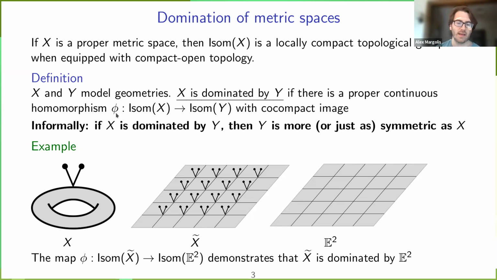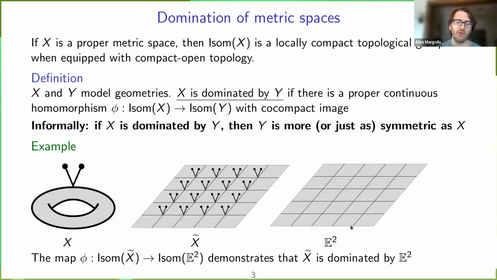The idea is you think of this map phi as forgetting about all of the compact noise in isom X tilde. You're forgetting about all the isometries that fix the Euclidean plane and just sort of flap some of the antennae you've attached, by quotienting out by this compact normal subgroup. And you include it in the full isometry group of the Euclidean plane, which is much bigger.